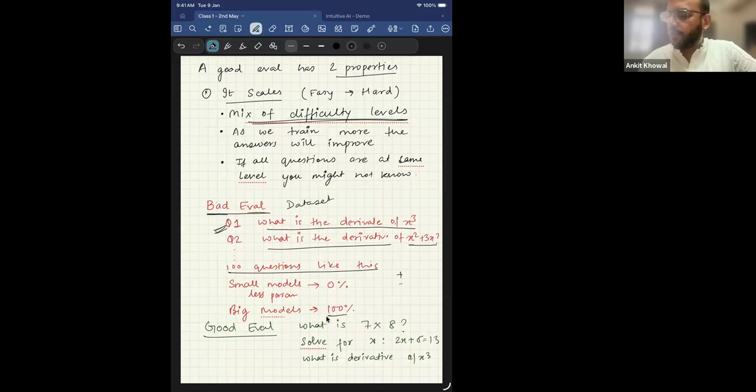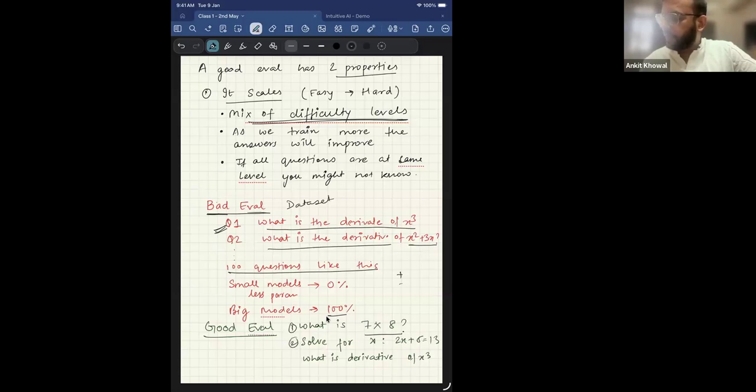So this is not a good eval. Why? Because I have only given hard questions, and only when the model is completely trained can it answer these questions. So what will I do during the training phase? How will I measure whether the model is learning correctly or not? A good eval instead of this would have been: what is 7 into 8? This would be the first question.